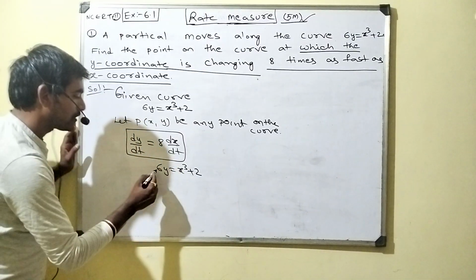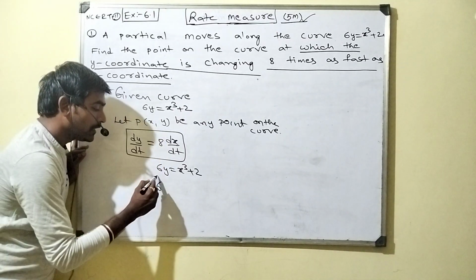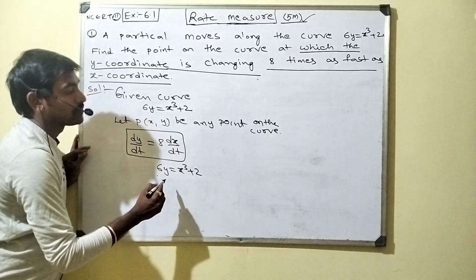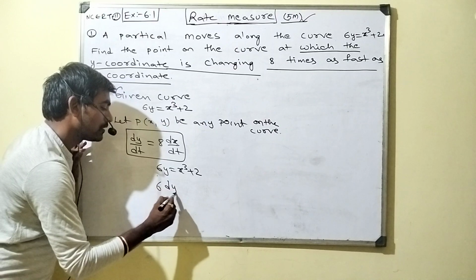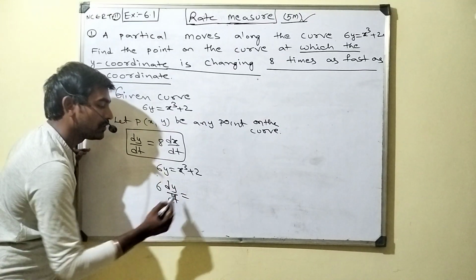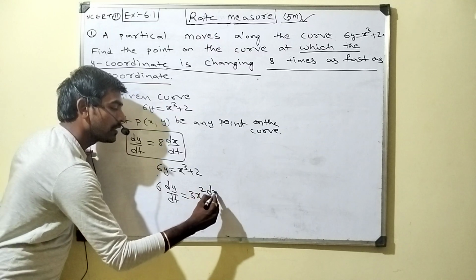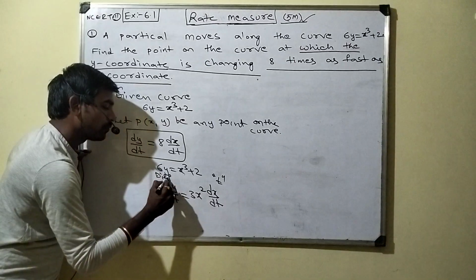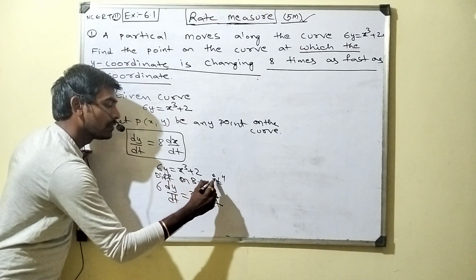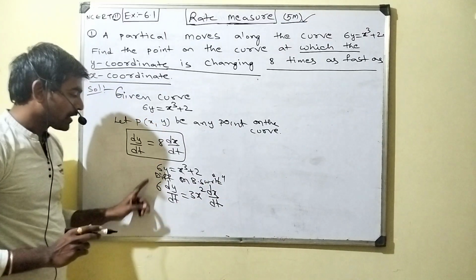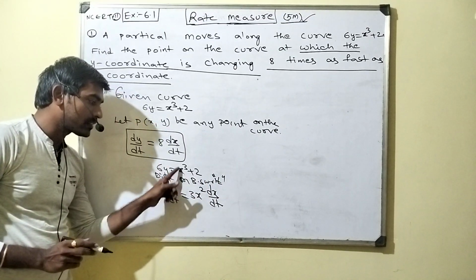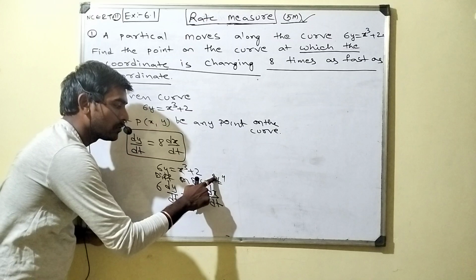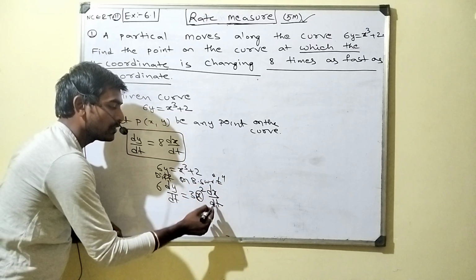Let me do the differentiation. 6 I copy because it is a constant. Differentiating on both sides with respect to time t. The y derivative is dy by dt, and the x cube derivative is 3x square, but I am not doing it with respect to x, with respect to time t, so once again we write dx by dt.